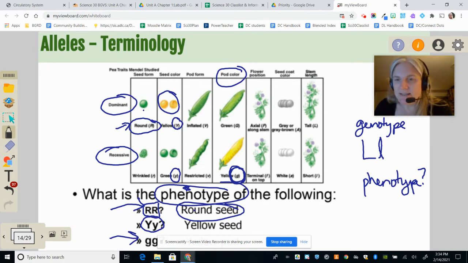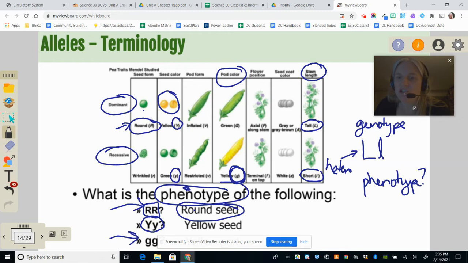All right, hopefully you paused this and you came up with this. The gene is for stem length. We're heterozygous, right? They're different. They're not the same. They're hetero. We have a tall allele and we have a short allele.